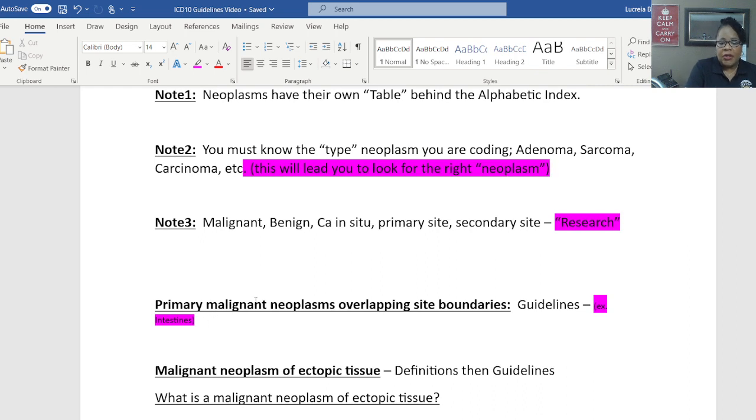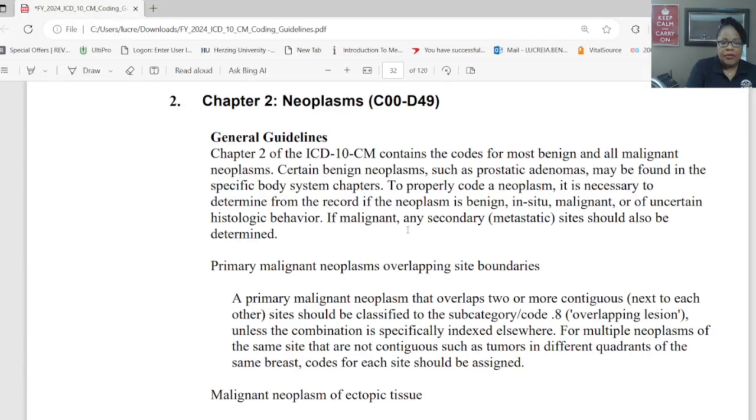All right, and then the guidelines start with primary malignant neoplasm overlapping site boundaries. So let's look at the guidelines for primary malignant neoplasms overlapping site boundaries.